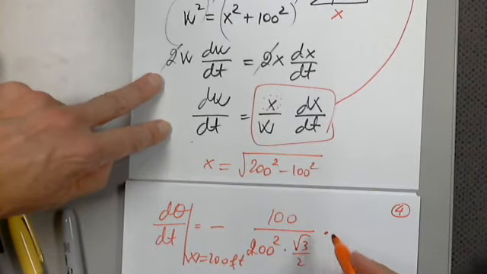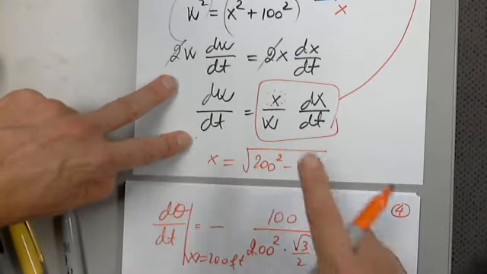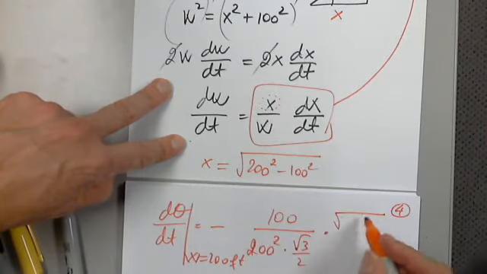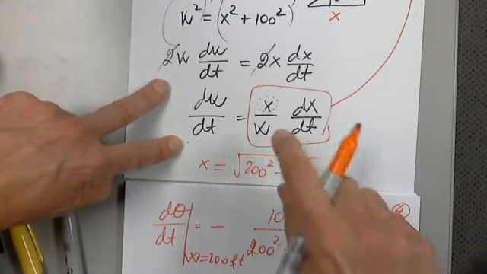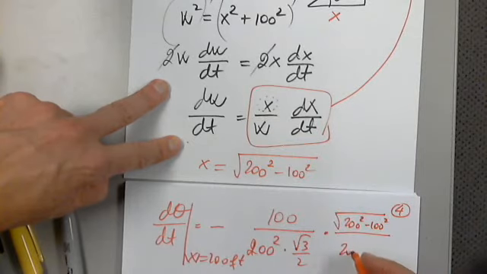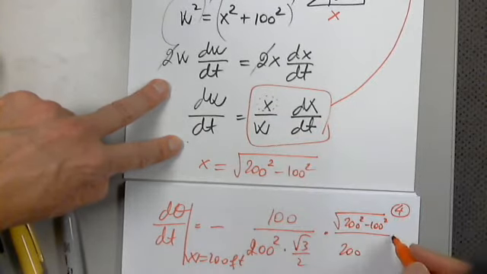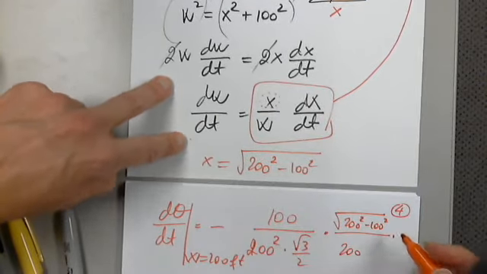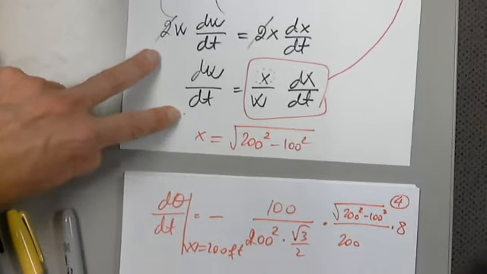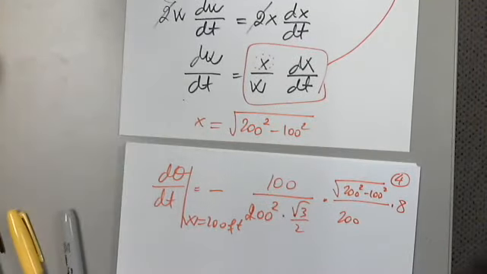So times dw over dt, so x is at the top, the square root of 200 squared minus 100 squared. w is at the bottom, which is 200. And dx over dt, what was it? That's 8. So we replaced everything. I'm going to try and simplify a little bit so I don't put so many things in.